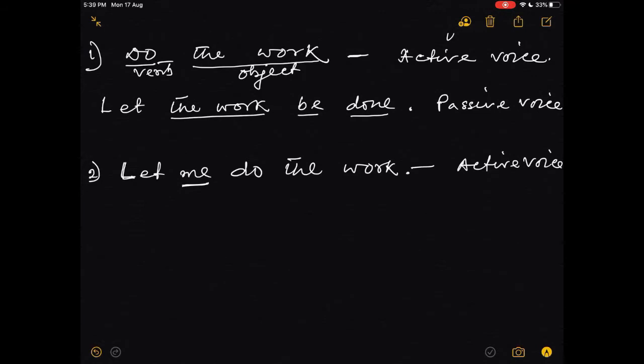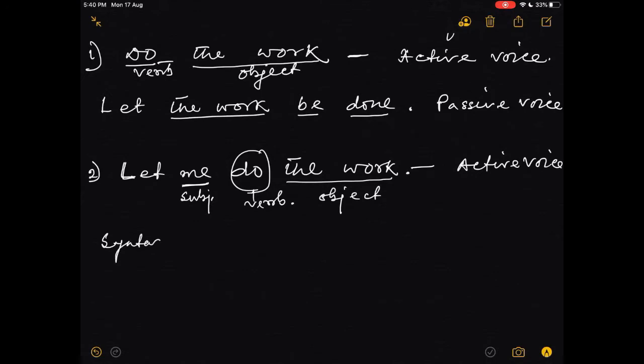This one is the subject and the work is the object, and this is the verb. Now we will use syntax number 1.